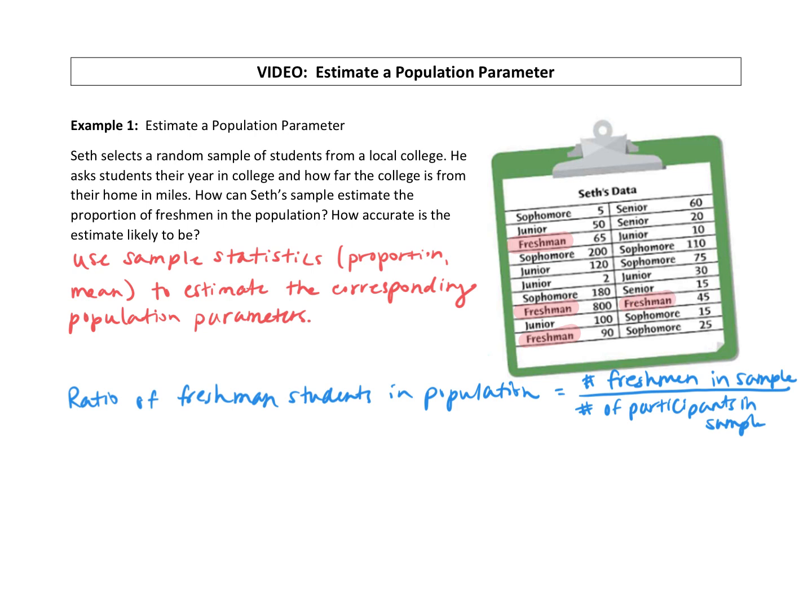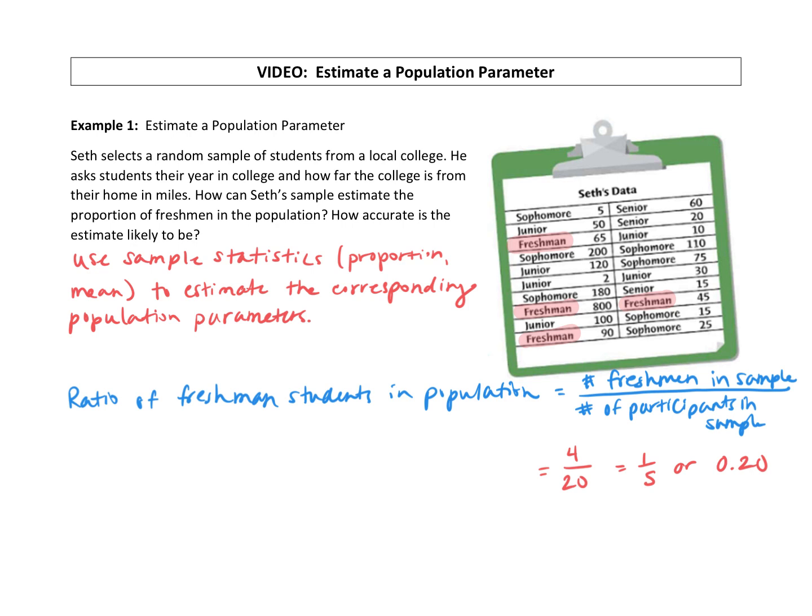So how many freshmen did he have in his sample? He had 4 freshmen. Out of how many total people did he survey in his sample? This is a total of 20 people. So 4 over 20 reduces to 1/5, or we could say 0.20.